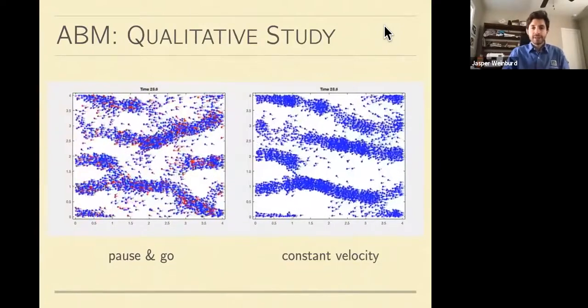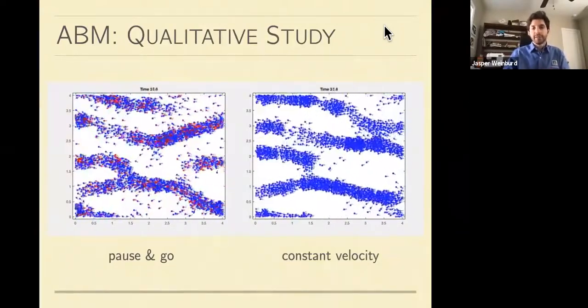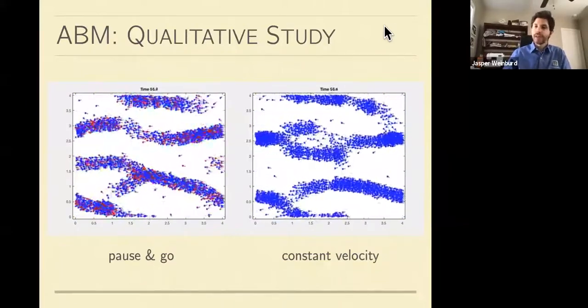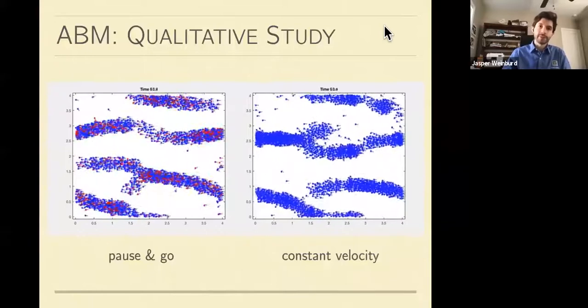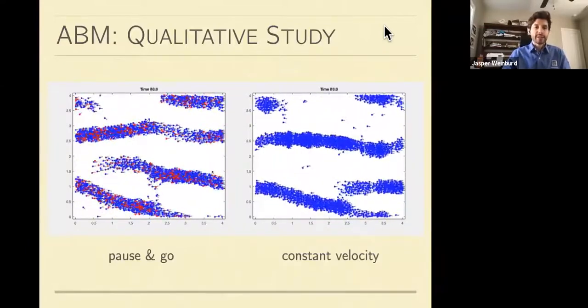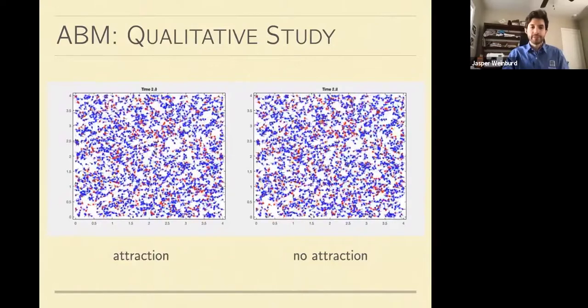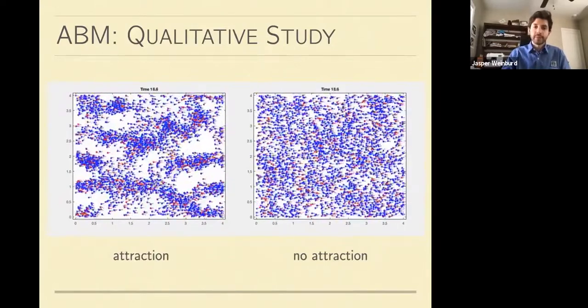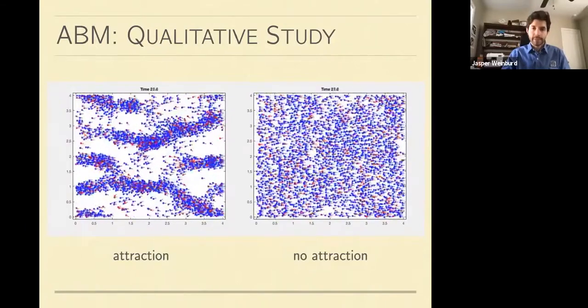And I just want to show you qualitatively that it looks here like pause and go motion was not important for the formation of columns, right? And we can do this with each of our effects. And we can ask, OK, did our model reproduce columns or not reproduce columns? But let me jump to the punchline. If we do this without attraction, we get no columns.